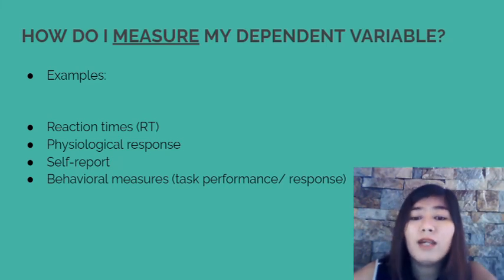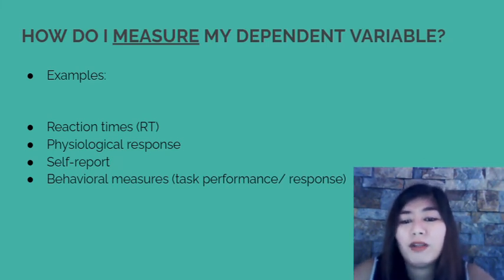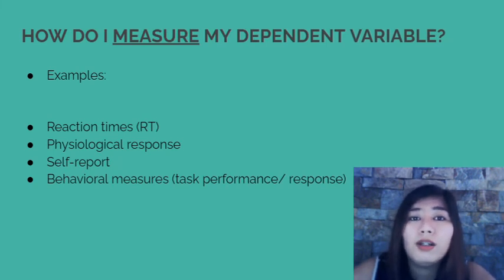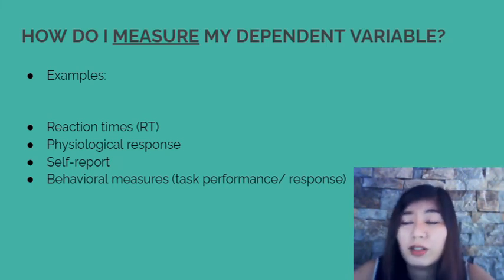Okay. Then self-report. So again, this is the very common means of capturing our dependent variable. Self-report, for example, we can use Likert scale or visual analog scale. Okay. Or maybe a dichotomous yes or no response can also work.